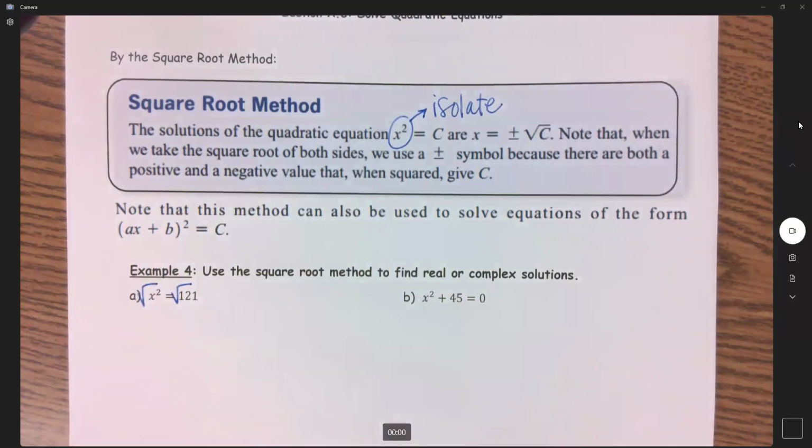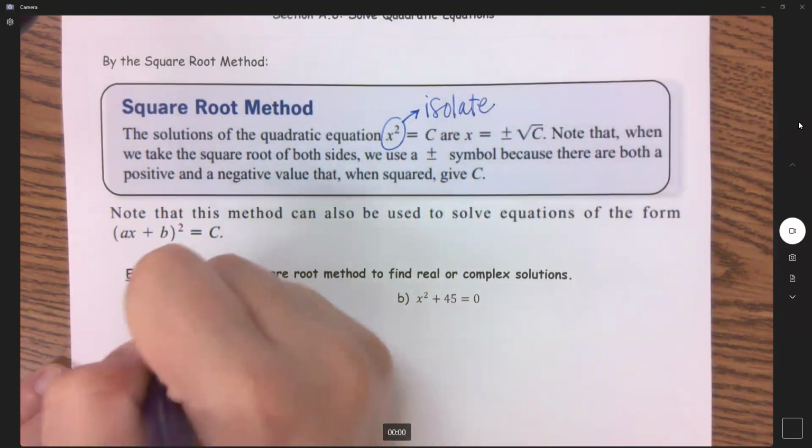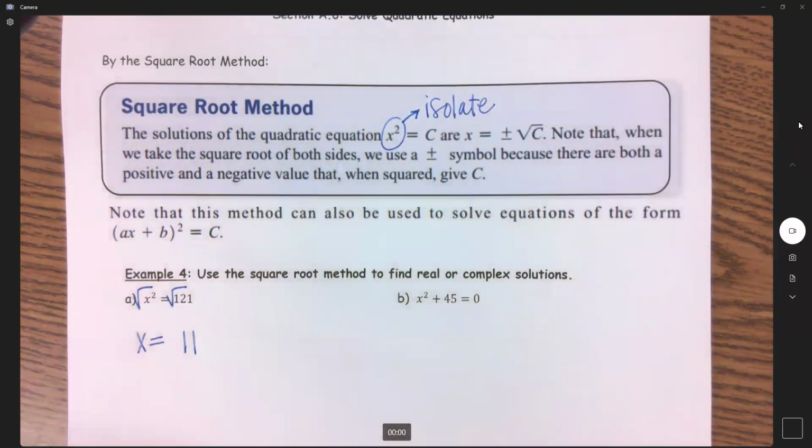Now, this is the shortest and the easiest method. It's also the method that we can use the least amount. So that kind of sucks. But we do need to pay attention, be aware that we still get two answers because this is x squared. So a lot of times we'll say that x equals 11, and you're missing out on one of those other answers.